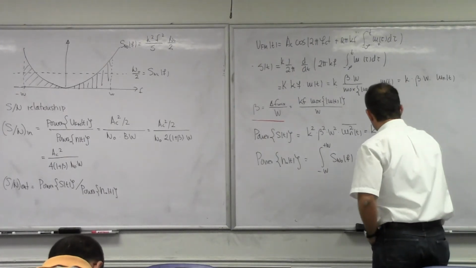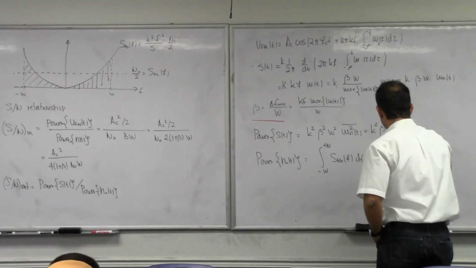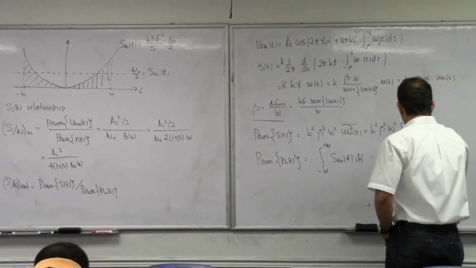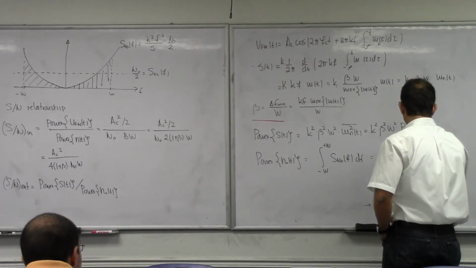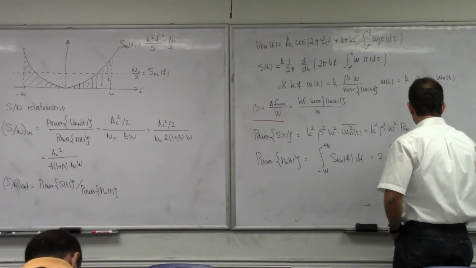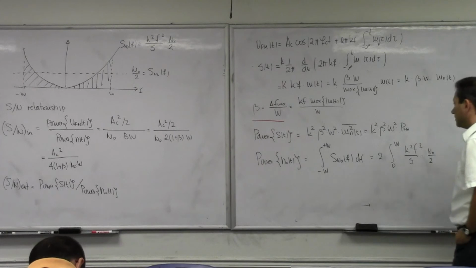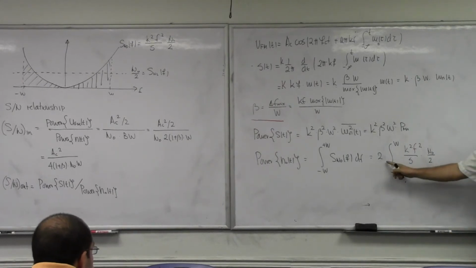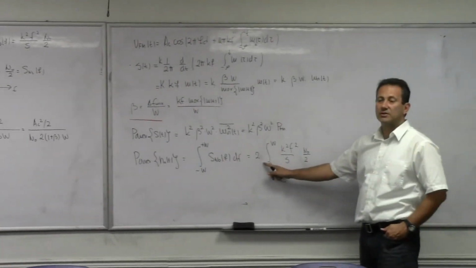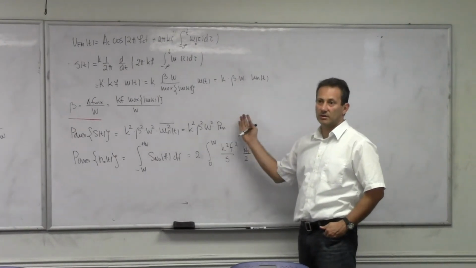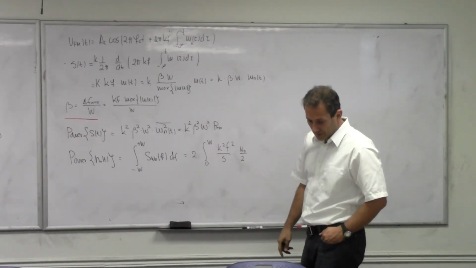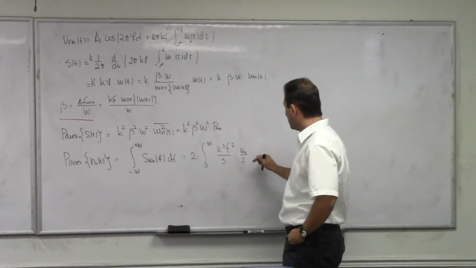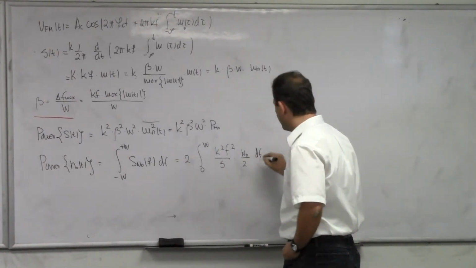So this is going to be 2 times the integral from 0 to W of K squared F squared over S times N0 over W. Where is the 2 coming from? The function is even, so I'm integrating on the right-hand side only. Of course there's dF, right?